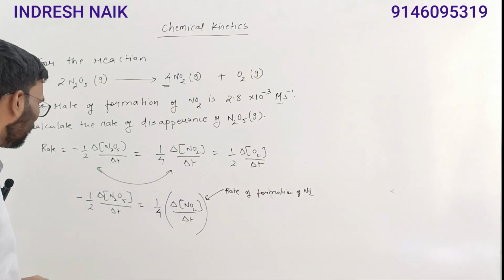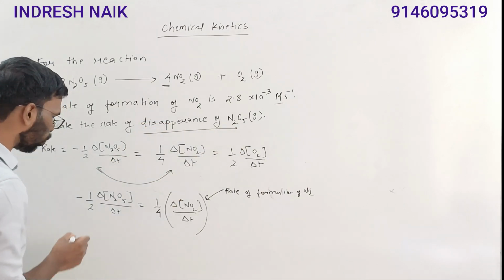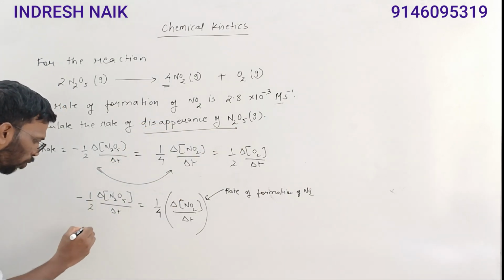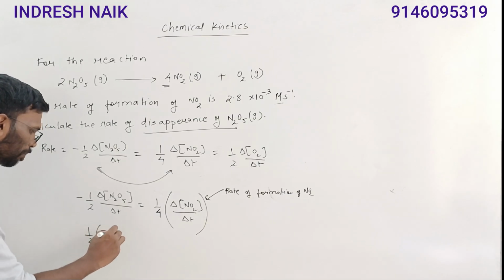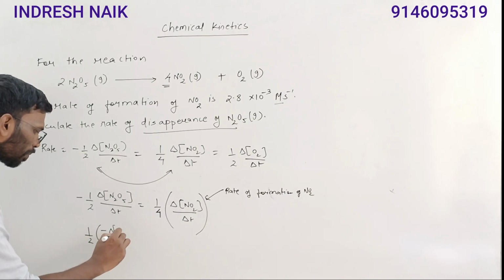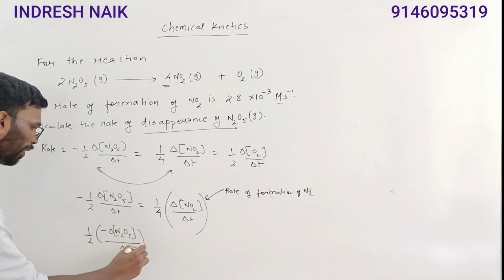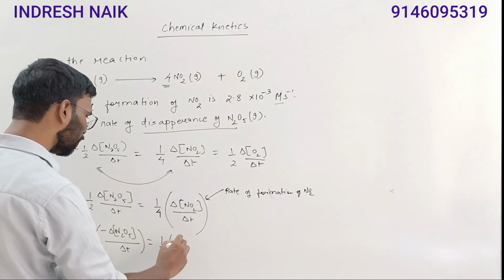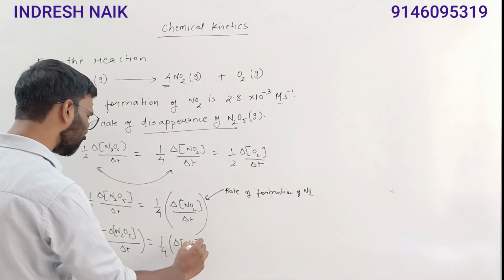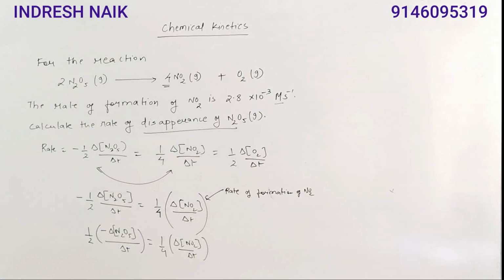Understand? Right? Here, on this side, what is asked? Rate of disappearance of N2O5. I will write this in the same form as minus delta N2O5, change in concentration, over delta T, which is equal to 1 by 4 by delta T. Hope this is coming into the frame. Yeah, good.